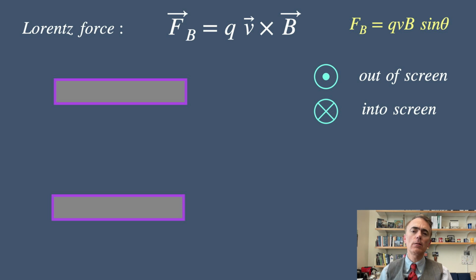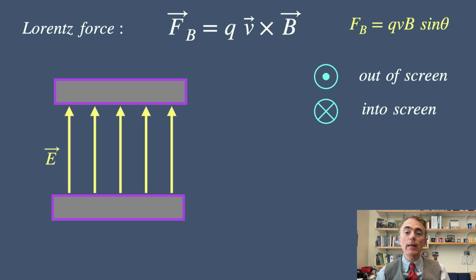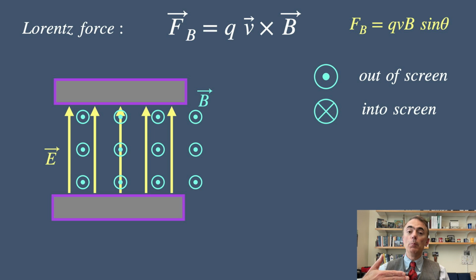A velocity selector is a device that uses both electric and magnetic fields to allow only particles with a certain velocity to pass through. It relies on the balance of the electric force and the magnetic force. A uniform electric field, E, is applied in a particular direction, and a uniform magnetic field, B, is applied perpendicular to the electric field.